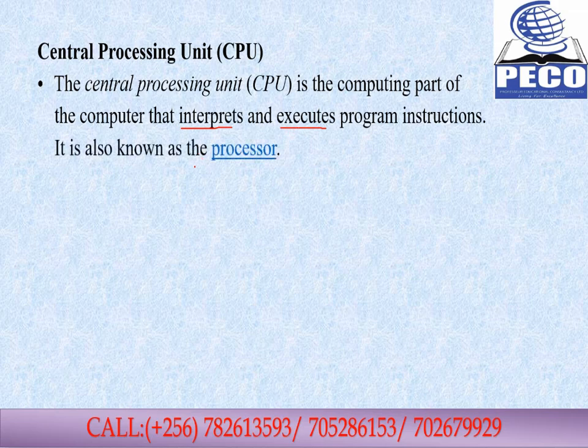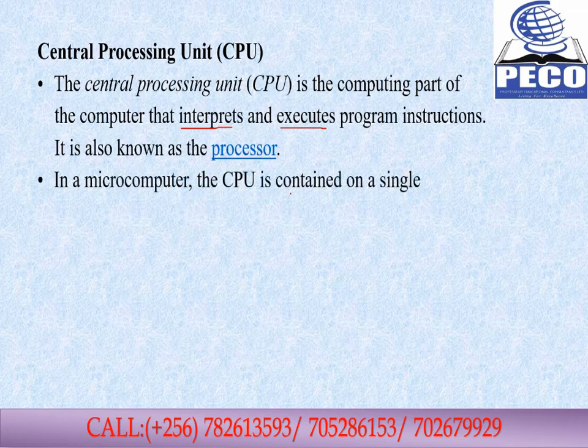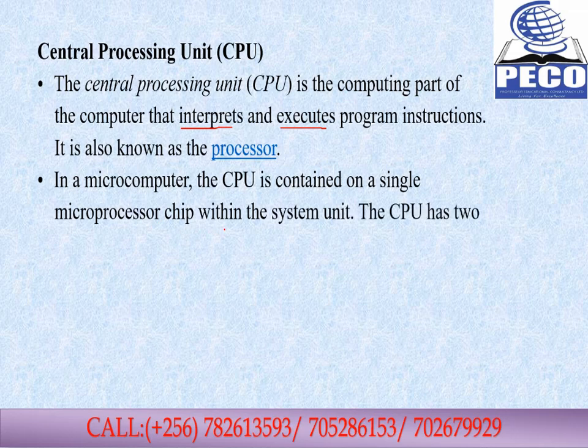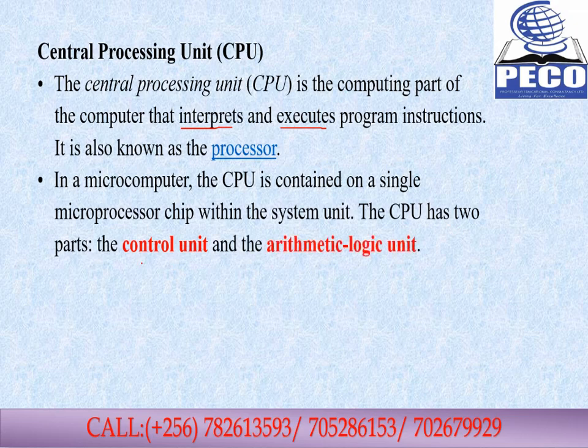It is also known as the processor. The CPU is also known as the processor. In a microcomputer, the CPU is contained in a single microprocessor chip within the system unit. Therefore, the CPU has two parts: the control unit and the arithmetic and logical unit.